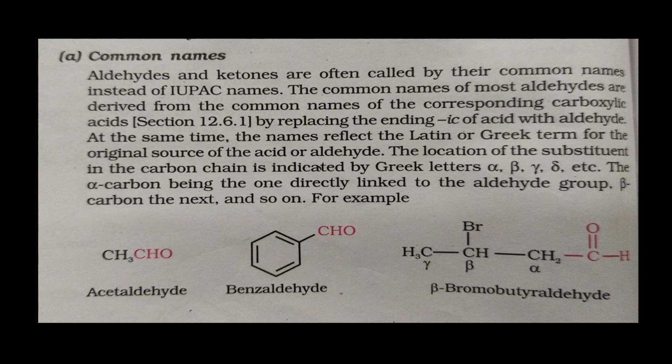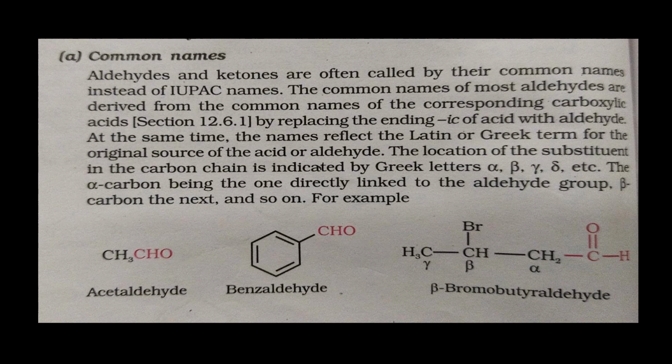At the same time, the names reflect the Latin or Greek term for the original source of the acid or aldehyde. The location of the substituents in the carbon chain is indicated by Greek letters alpha, beta, gamma, delta, etc. The alpha carbon is the one directly linked to the aldehyde group, the beta carbon the next, and so on.